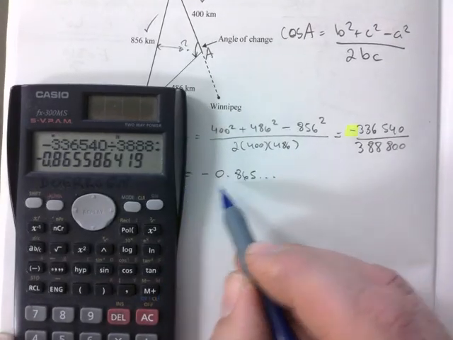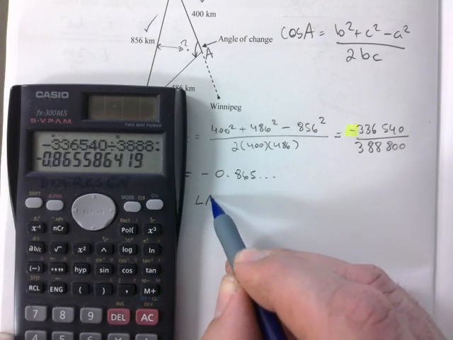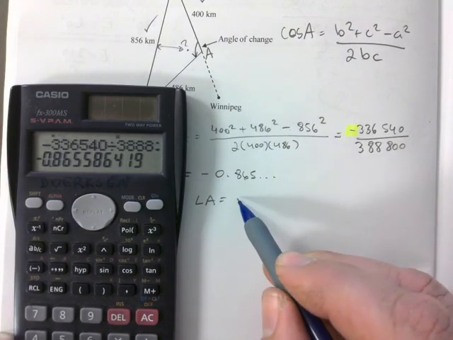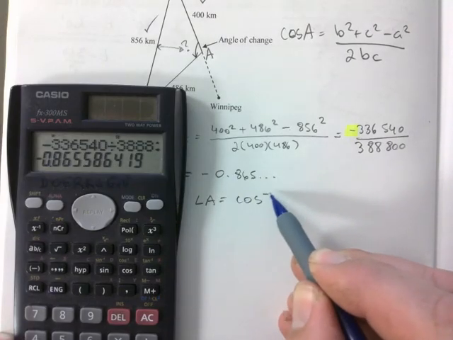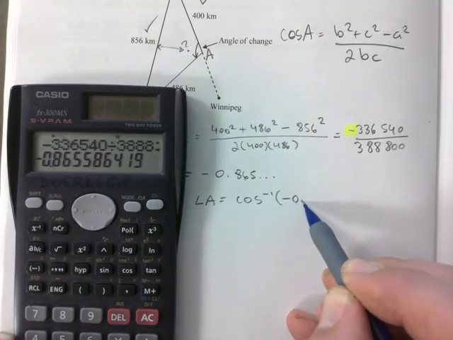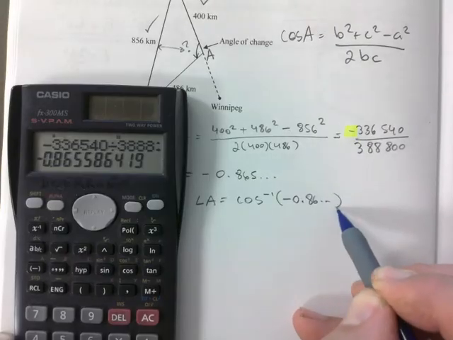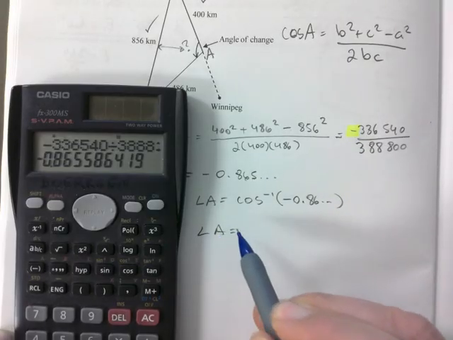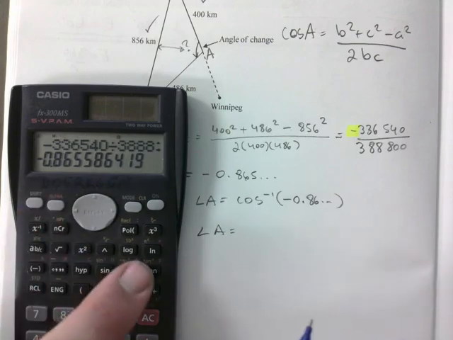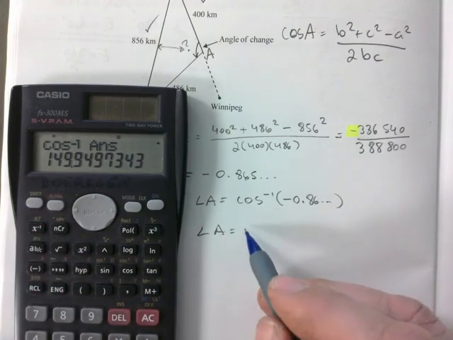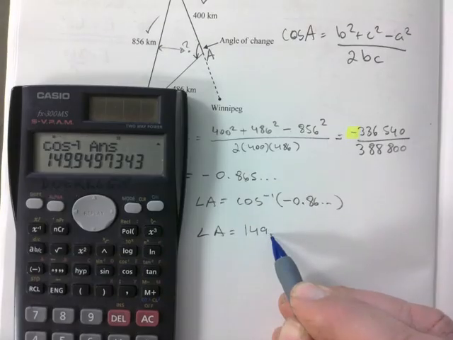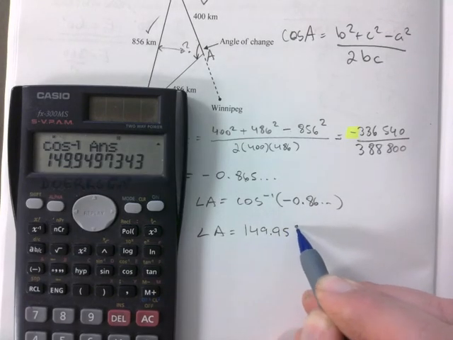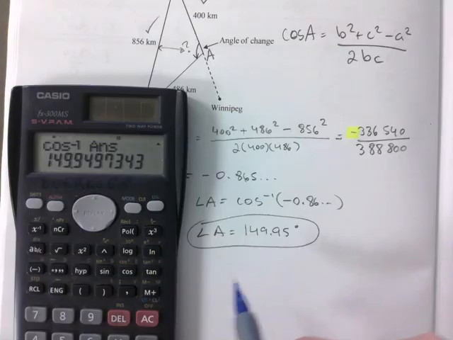I keep that on my calculator, and now to figure out angle A, I go cosine inverse of that. So I go shift cos equals, and I get 149.95 degrees.